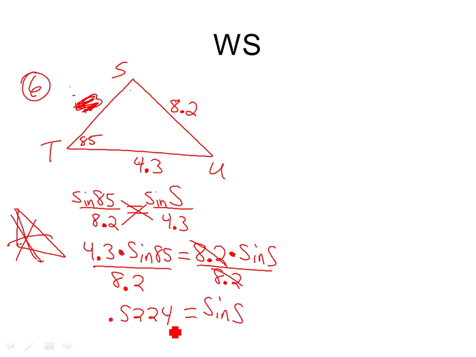Now what do you do? Put second sine of 0.5224. Hit second sine. Get something different. 31.4, because this right here. Watch if I do this.